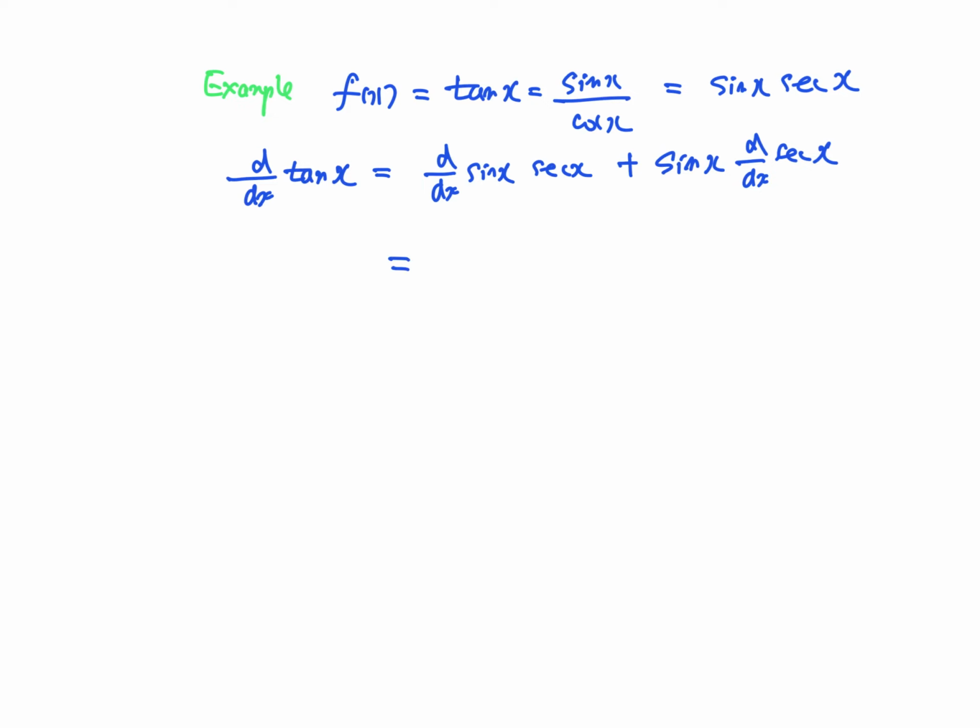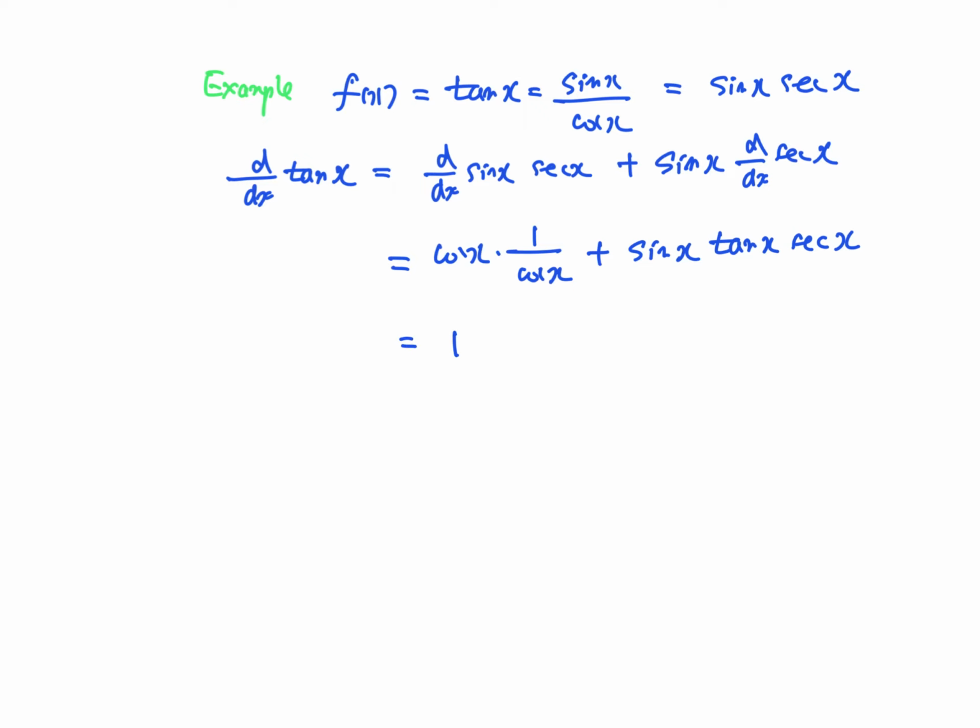The derivative of sine x is cosine x, right? Cosine x times secant x, which is 1 over cosine x. Then sine x, and if we differentiate the secant x, we already have done that before, right? So that is tangent x secant x.